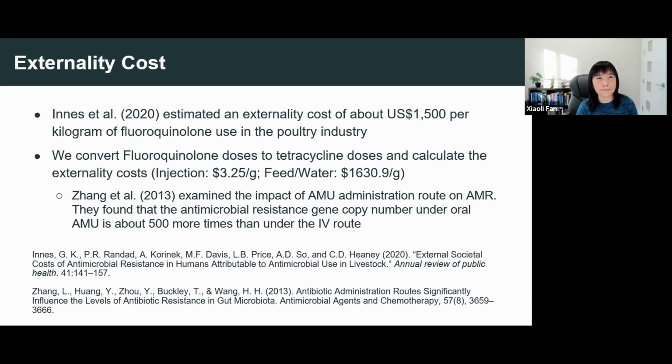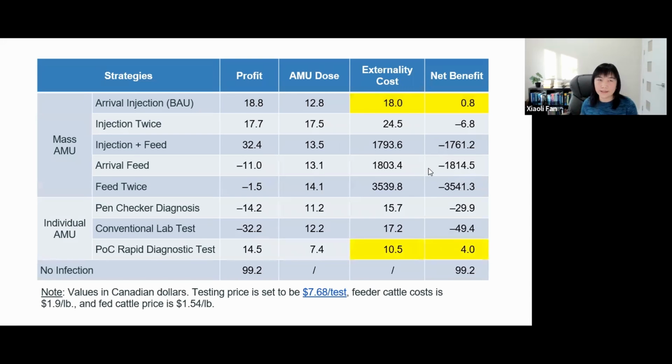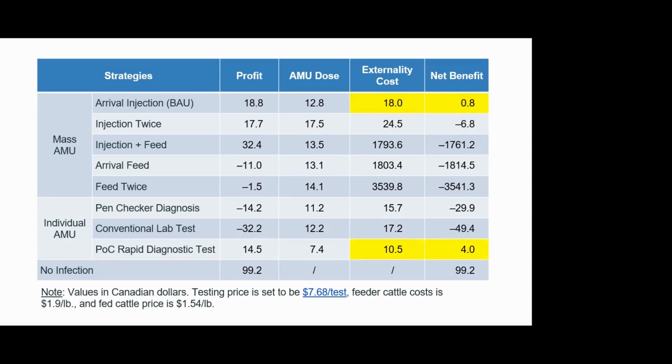But if there could be another experiment on beef cattle that provides information on how much more likely feed is to incubate antimicrobial resistance, then we can use that information. So basically here it's just a difference between feed and injection. And I guess it was the tetracycline.